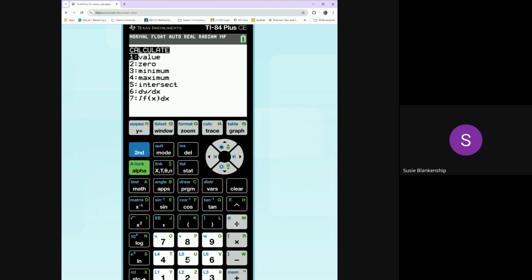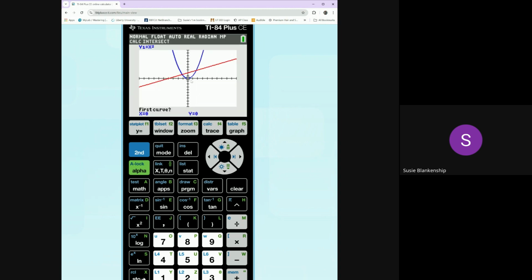When you do that, hopefully your first curve has jumped right here on 0, 0. You need to pay attention: up here at the top it's telling you what the curve is. I'm going to hit enter. Okay, so yes, that's my first curve.